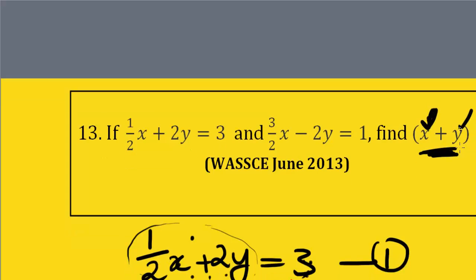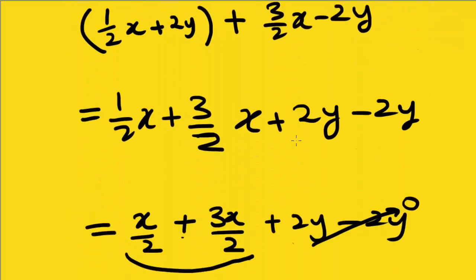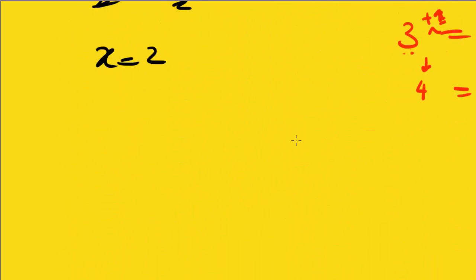Now to find y, just pick any of the equations. So I could pick the second one: 3 over 2x minus 2y equals 1.